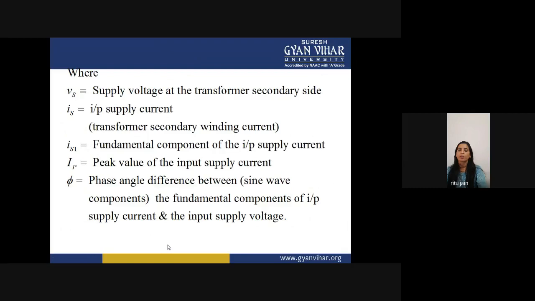Here Vs is the supply voltage at the transformer secondary side, Is is the input supply current, and Is1 is the fundamental component of the input supply current. Ip is the peak value of the input supply current, and phi is the phase angle difference between the fundamental component of the input supply current and the input supply voltage.